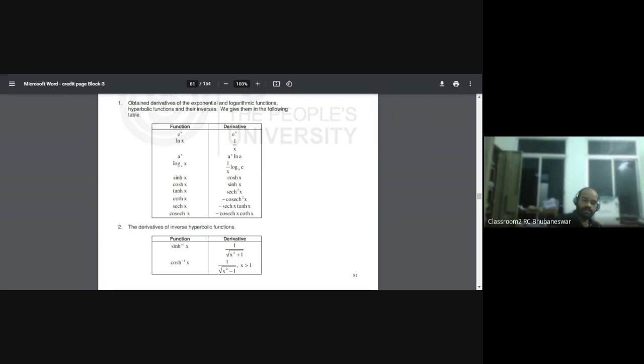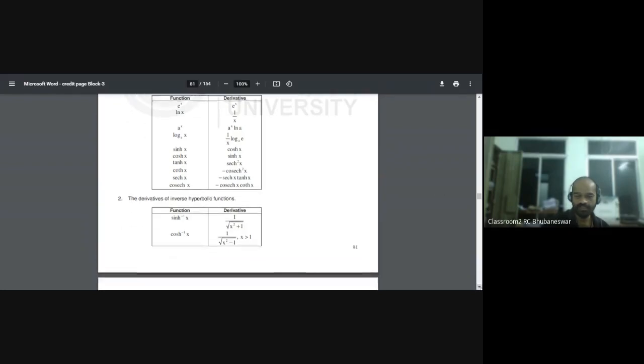represents the derivative of inverse trigonometric functions. And here in the second table, as you can see, the functions are listed in the form of sine hyperbolic inverse. So here the function is sine hyperbolic inverse x, and its derivative is 1 by root over of x square plus 1.